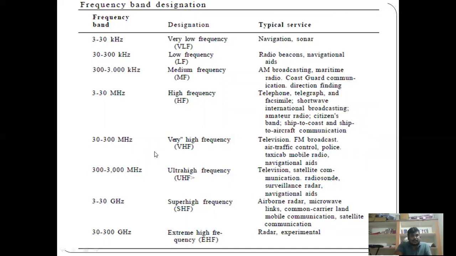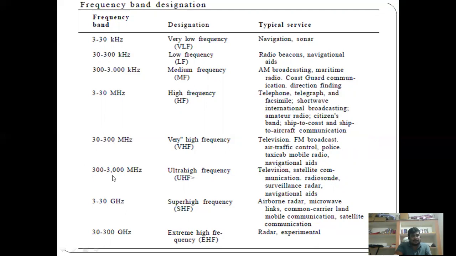And 30 to 300 megahertz is very high frequency. This is a famous band because our radio operates at 88 to 108 megahertz, FM broadcasting, air traffic control, ATC, and police mobile radio, taxi cab.